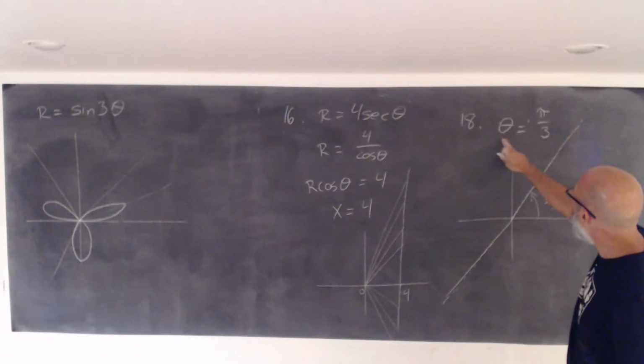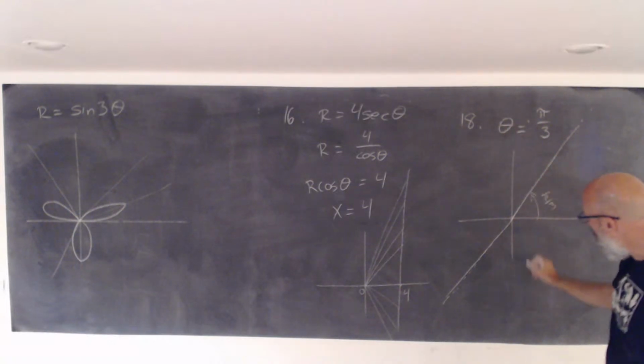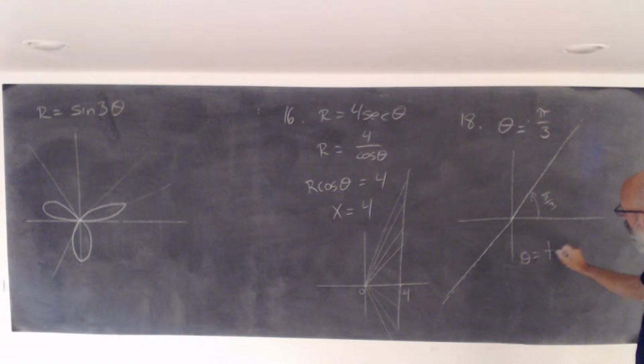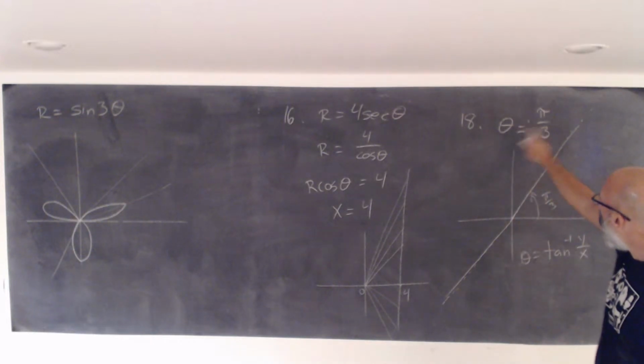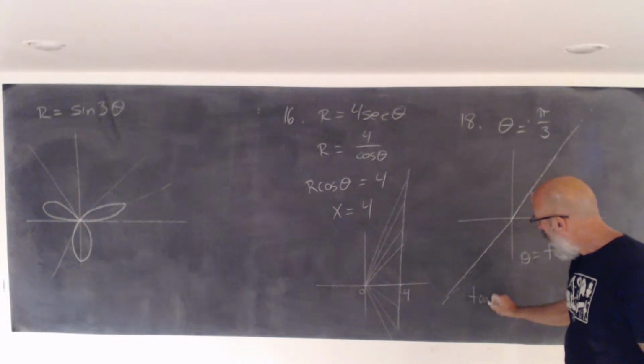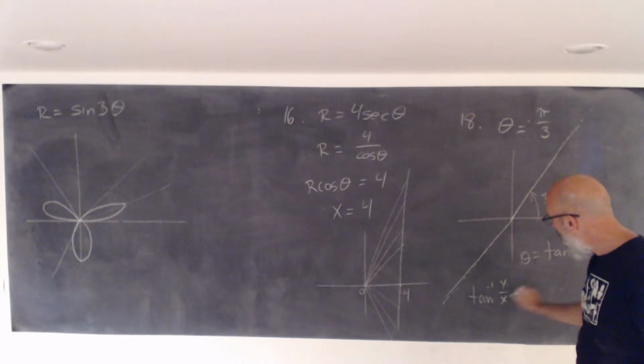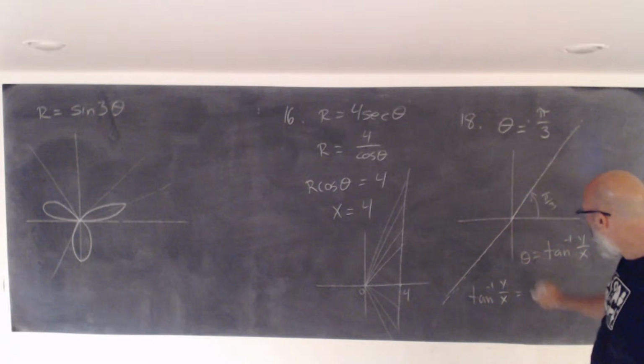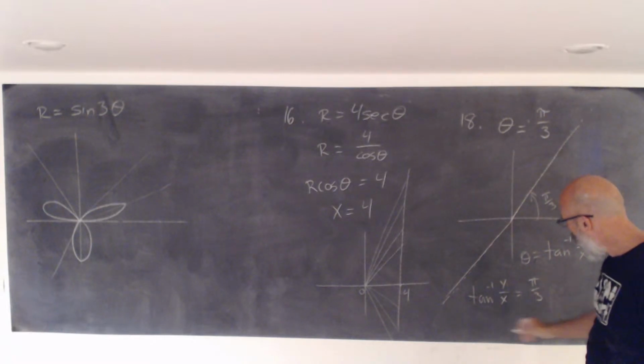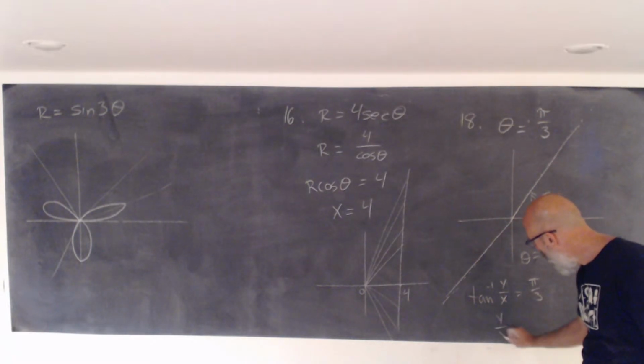Well, right, I mean, you can take sine, or you can take cosine, or in fact, we saw that theta was arctan of y over x. So if you want to convert, you have arctan of y over x is pi over 3. So you could take tangent of both sides.